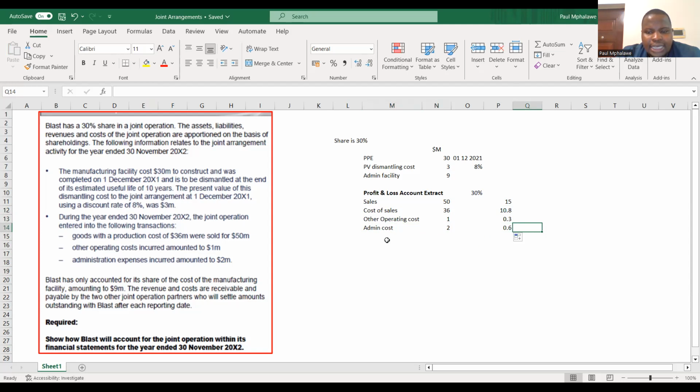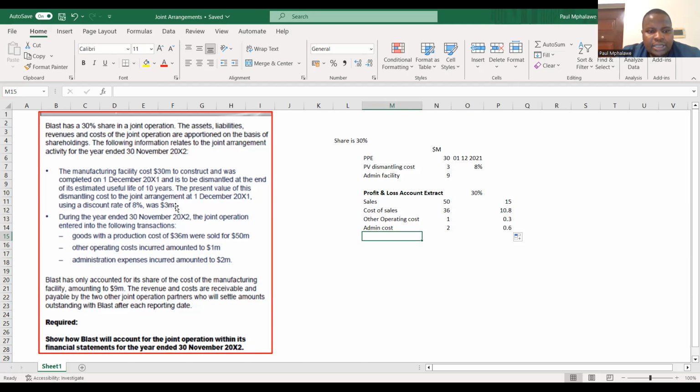What other cost should we consider? If we look here, we are given a note to say dismantling costs to the joint arrangement as at that date using a discount factor of 8% were 3 million.